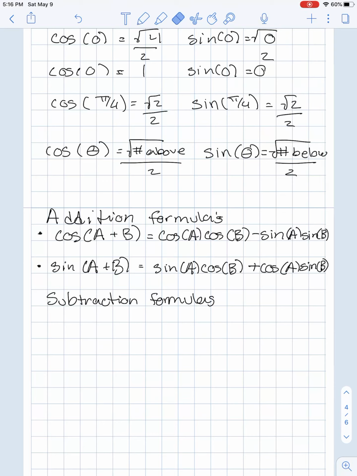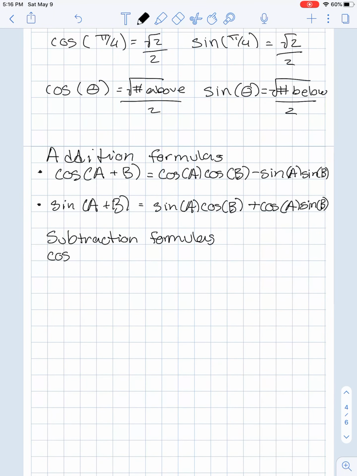So if I do cosine of A minus B, I can think of this as cosine of A plus negative B. So cosine of A, cosine of negative B, minus sine of A, sine, again, of negative B.